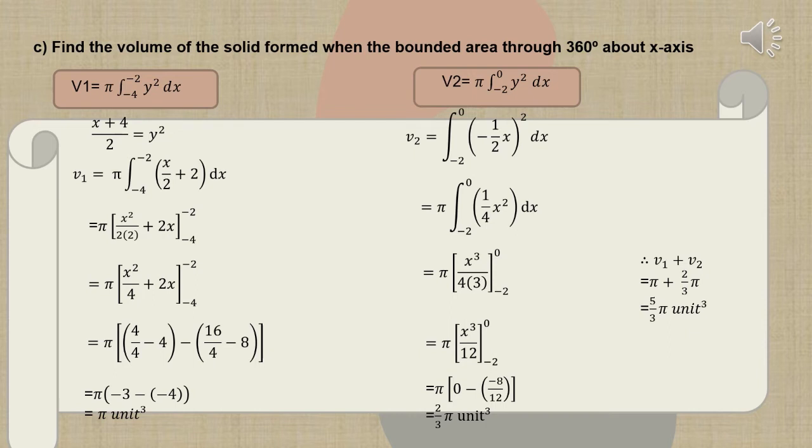We use the same integration method, and we will get 2 over 3 pi unit 3. When we have volume 1 and volume 2, we add both volumes to get the volume of the solid formed. So when we add pi plus 2 over 3 pi, we will get 5 over 3 pi unit 3. That is the volume of the solid formed when the bounded area is rotated through 360 degrees.